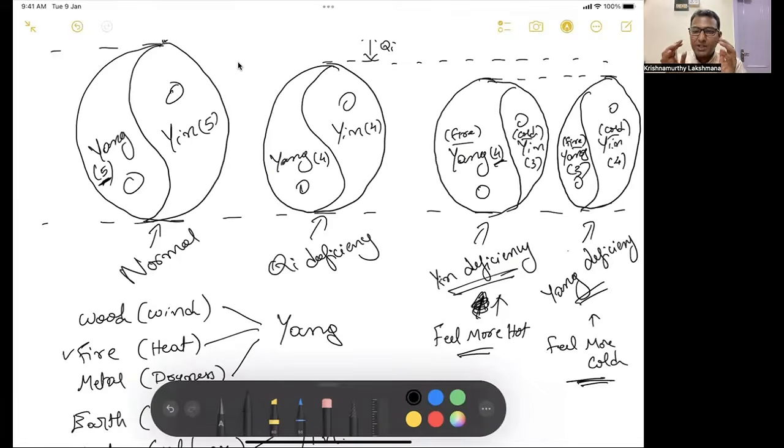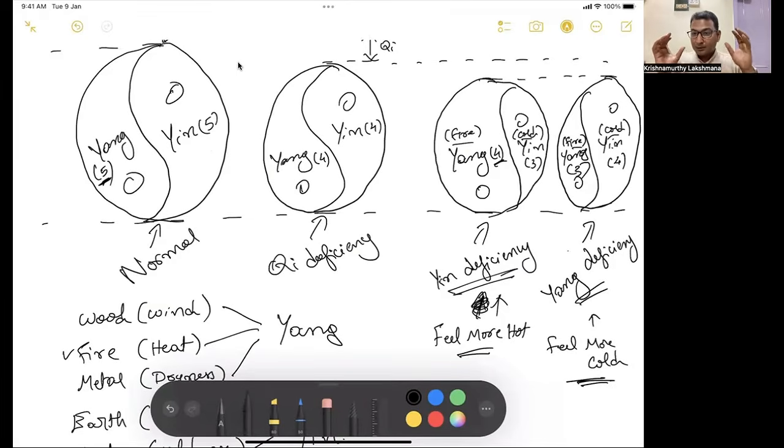But when the qi is deficient, they can only climb 3 floors comfortably, and the 4th floor will become a little difficult for them, right? So they feel neither cold nor hot, but their functioning ability will reduce slightly. That is qi deficiency.